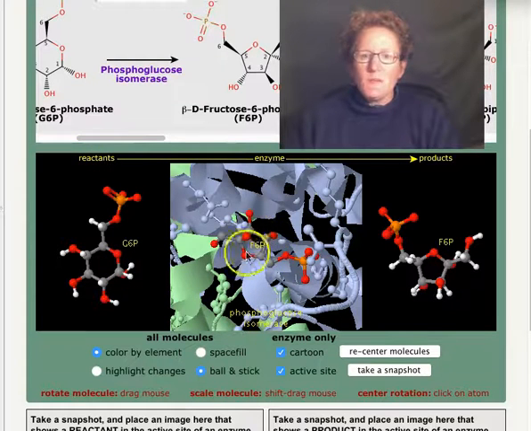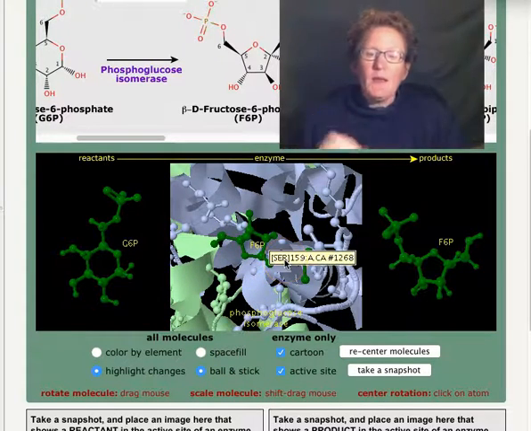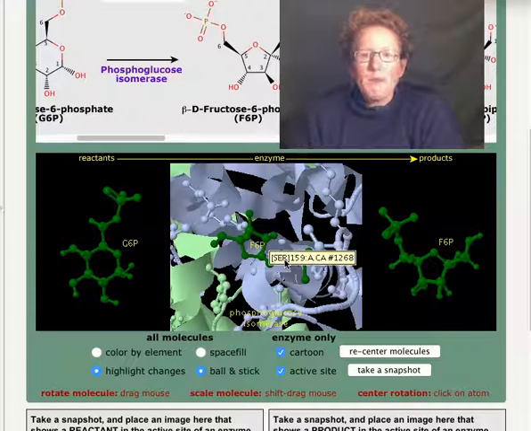You can see this is a product here in the active site. G6P has turned into F6P here. We can highlight some changes, so you can see what changed. And this is the enzyme, again, having a special spot that's holding the reactants so they can turn into products.